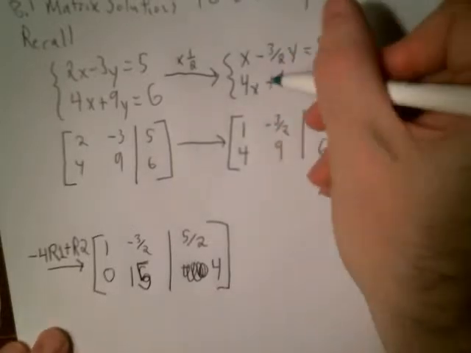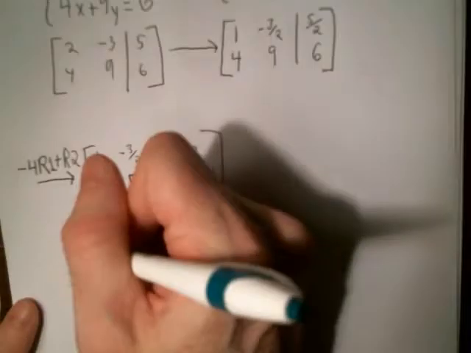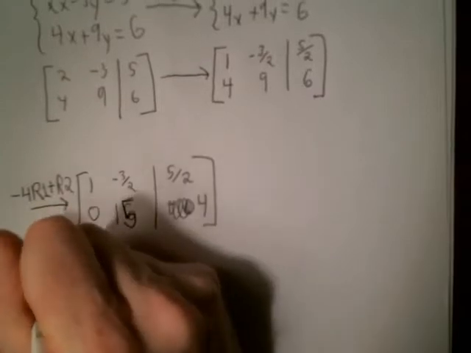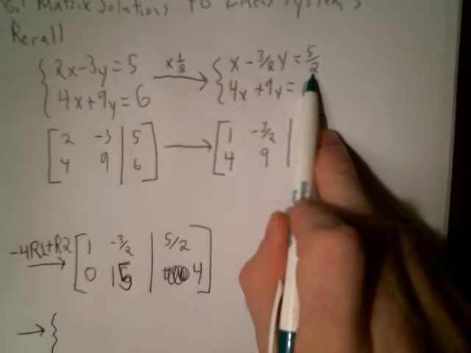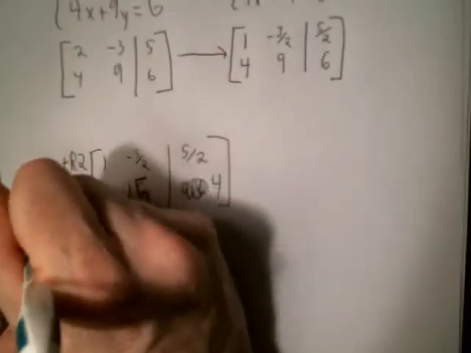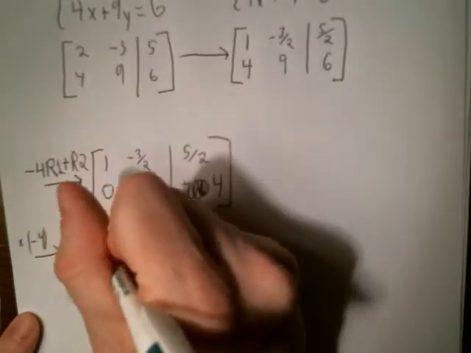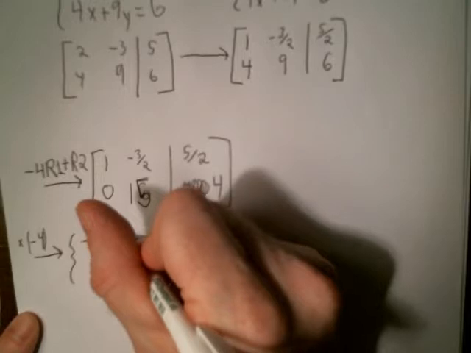Okay. So in equation land, what exactly did I just do? I had my original system up here. I'm going to multiply this equation by negative 4. So I get negative 4x plus, and that's where I made the mistake.